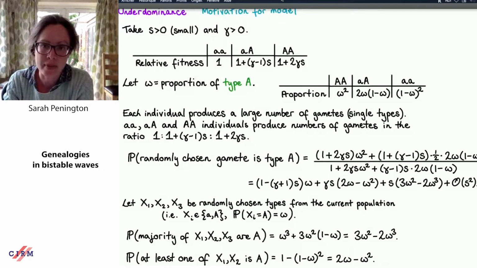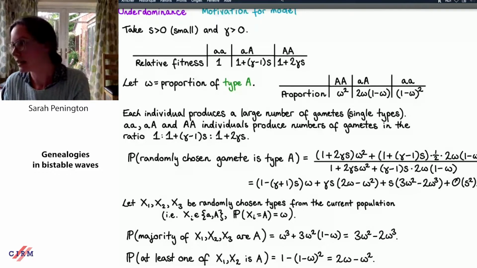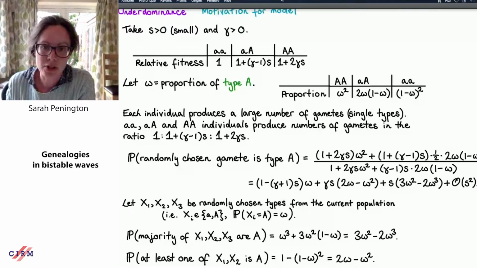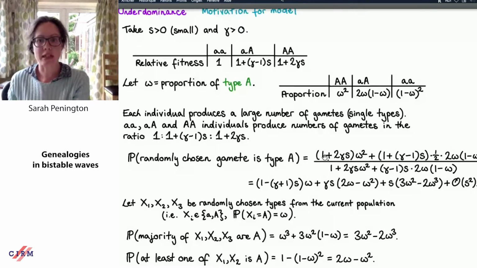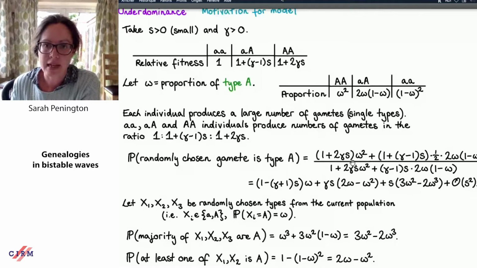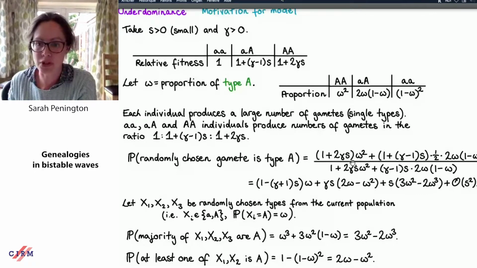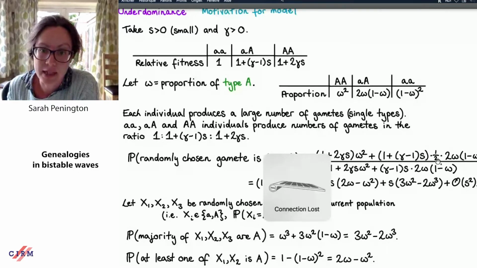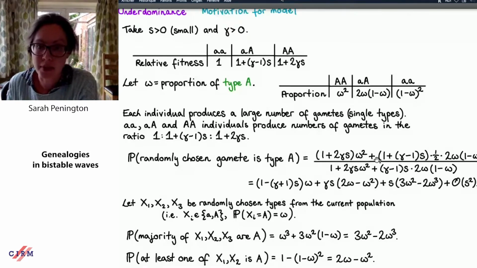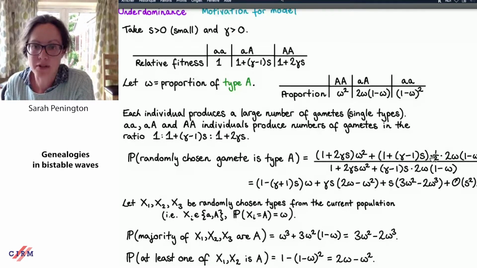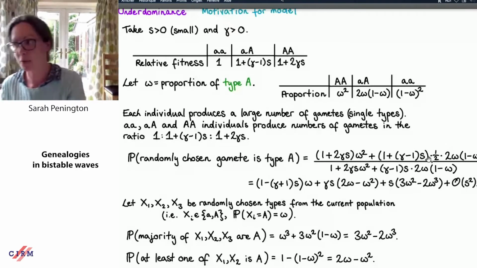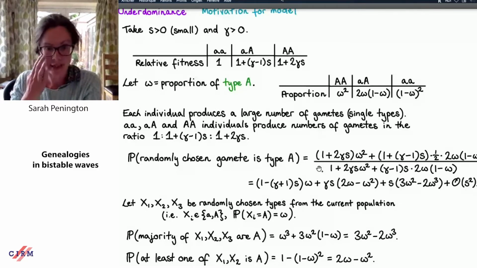The gamete could have come from a capital A individual, and they have proportion W squared, and they produce a number of gametes proportional to 1 plus 2 gamma S. Or alternatively, the type A gamete could have come from a little a capital A individual, and they have proportion 2W(1 minus W), and half of their gametes are type capital A, and they produce a number of gametes that's proportional to 1 plus (gamma minus 1) times S. And then we have to divide by this factor on the bottom to get our proportions to add up to 1. So that's the probability that a gamete is type capital A.